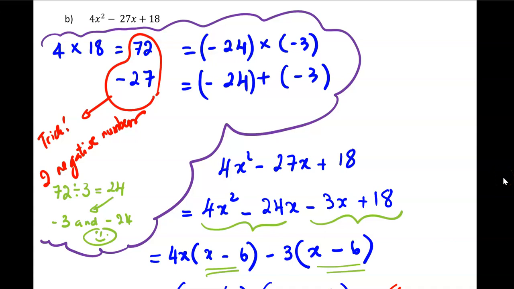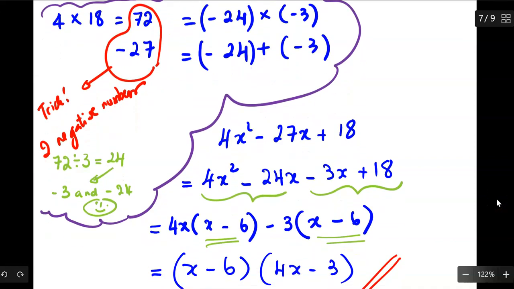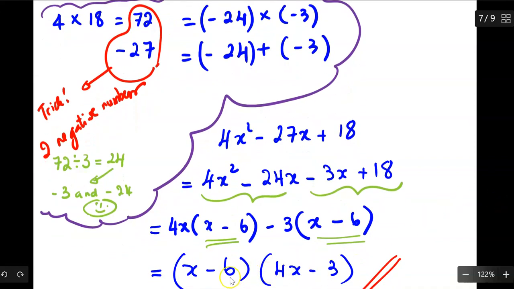Hello everyone. I would like to continue with the previous video, where we factored 4x squared minus 27x plus 18, and we ended up with the two binomials multiplied with each other as x minus 6 multiplied by 4x minus 3.